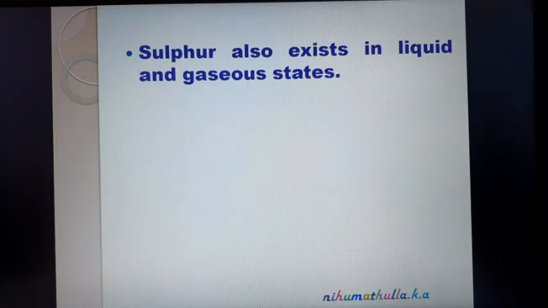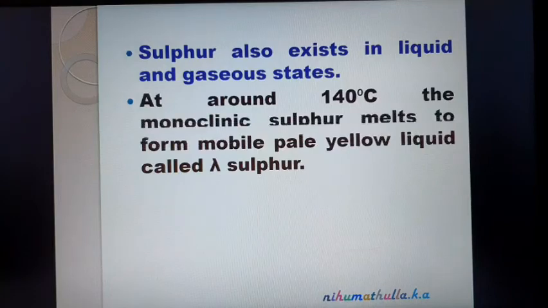Sulfur also exists in liquid and gaseous states. At around 140 degrees Celsius, monoclinic sulfur melts to form a mobile, pale yellow liquid called lambda sulfur.